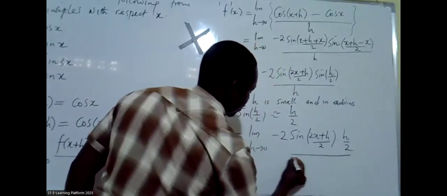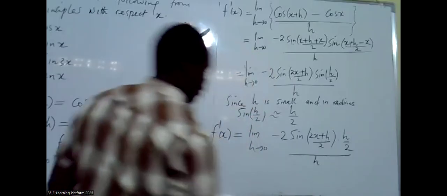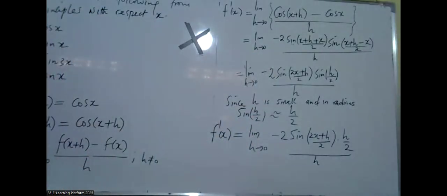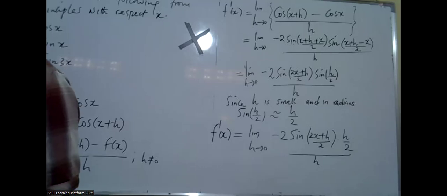Then everything is divided by h. I want to see those with good eyes tell us what that simplifies to. That will be our second last step before taking the limit. You can unmute and talk to us.